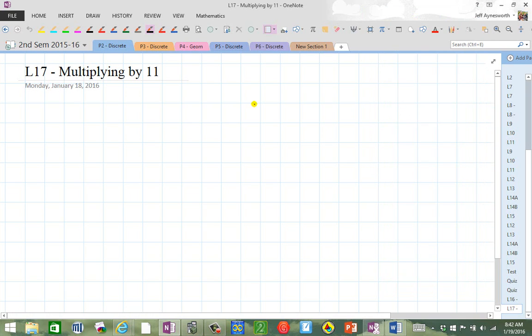So let me illustrate the idea here. Let's take a few examples. We could take 54 times 11. And of course, you don't want to line it up and do it the old-fashioned way. No, no, no. You want to take a look at the digits, 5 and 4, split them, and leave a space in the middle. Then you want to add the digits.